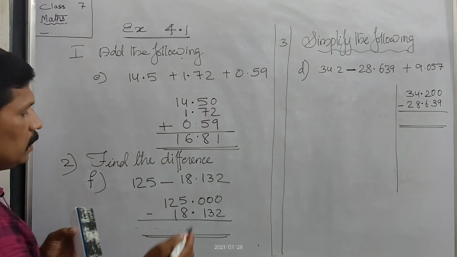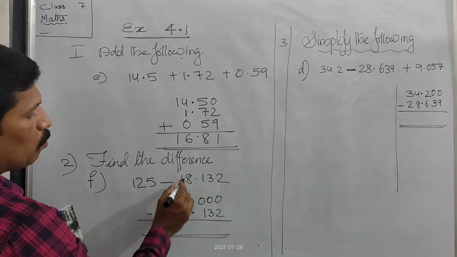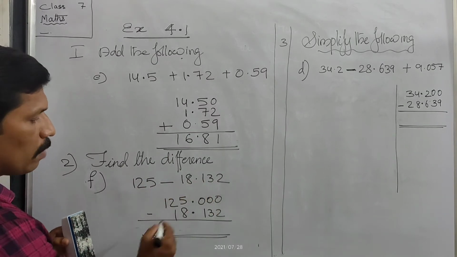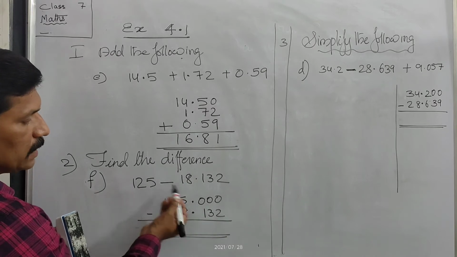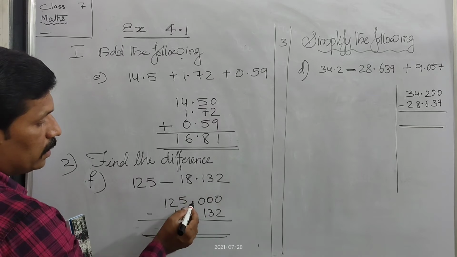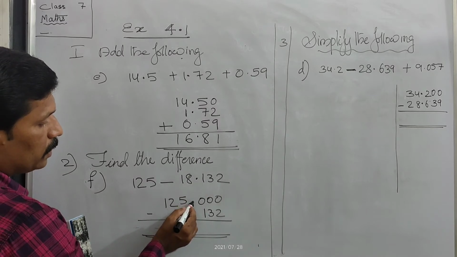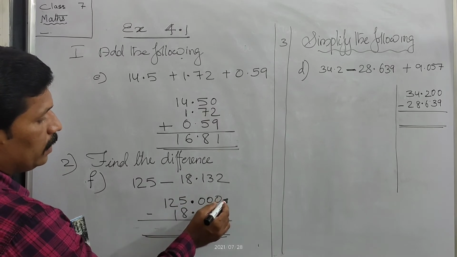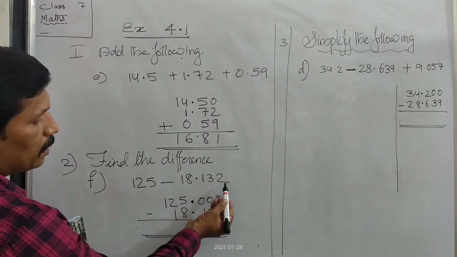Now let us see how to find the difference. Difference means subtract. So here 125 minus 18.132. In 125 there is only the whole part, the decimal part is not there, but the second number has a decimal part. Therefore, after 125, we put the decimal point and then 3 zeros, because the second number has 3 decimal places.